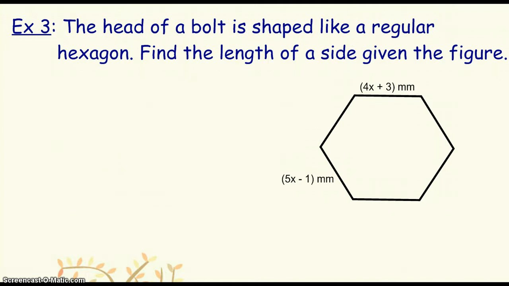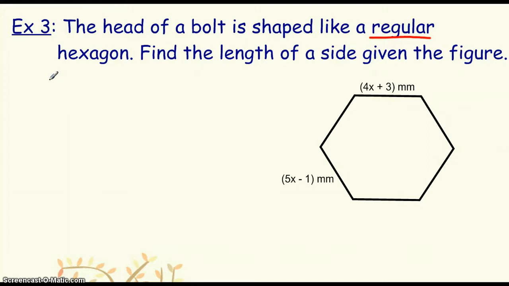Moving on to example 3. It says the head of a bolt is shaped like a regular hexagon. Find the length of the side given the figure. I underlined the word regular because that tells me that this shape is both equiangular and equilateral. I am given two side lengths here.